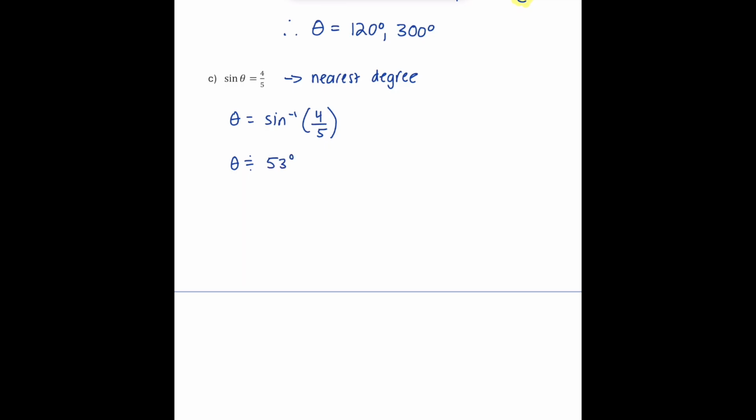Now we work this out the same way we did before. So I draw out my all stations to central. Now notice that my answer is positive and sine is positive in the first and the second quadrants. And I'm making angles with the horizontal axis.